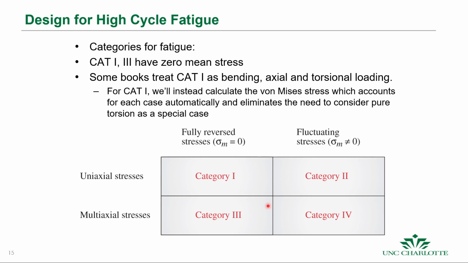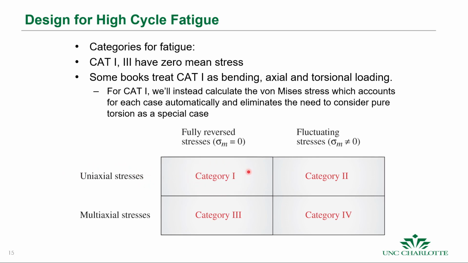Okay, so we have these different categories of stresses that our material might experience in a fatigue stress. The fully reversed stress is where we have a mean stress of 0. A fluctuating stress, as we saw last time, is where our mean stress is not 0. If we have a fully reversed stress under uniaxial stress, it just means we have one loading direction. And this is category 1.